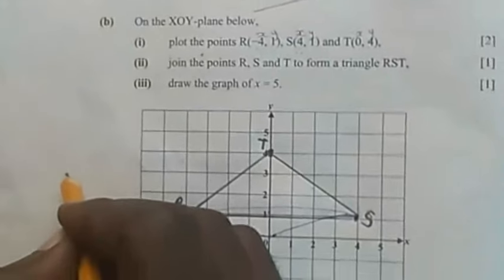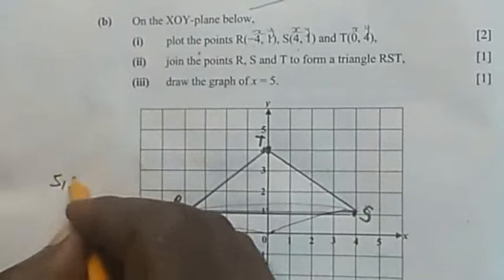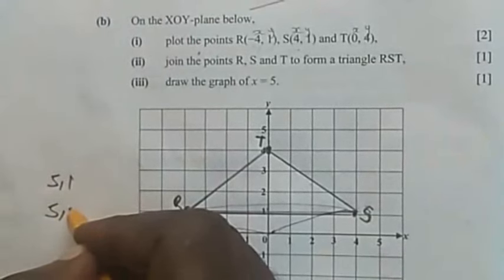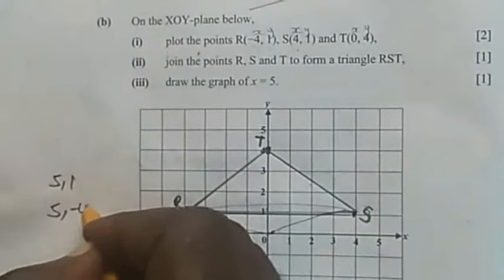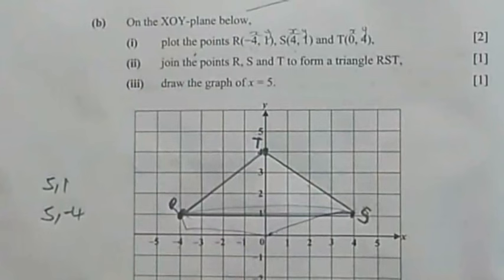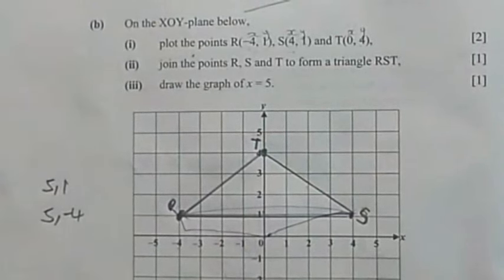That means we can come up with a graph which has 5, 1 and 5, negative 4. It doesn't matter. So what it means here is that x is equal to 5. That means that the coordinate here for x should always be 5.